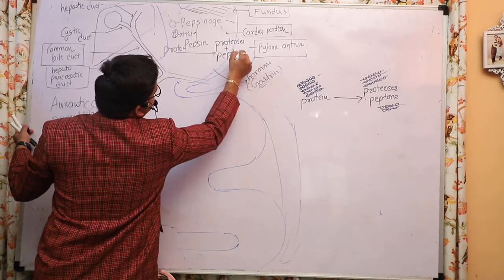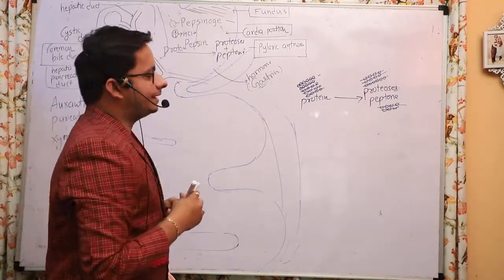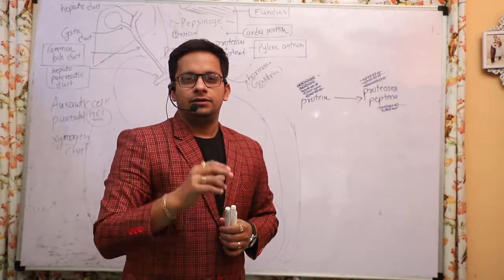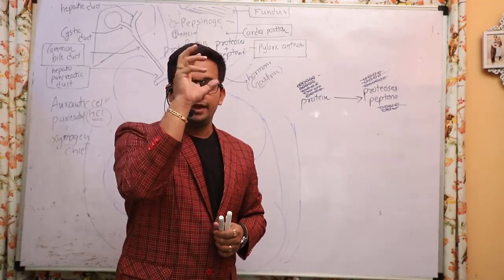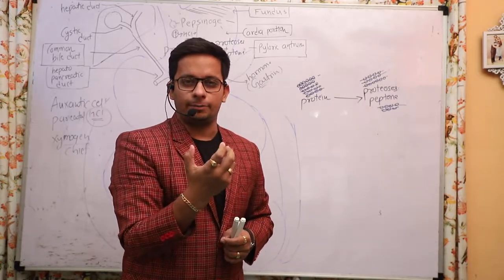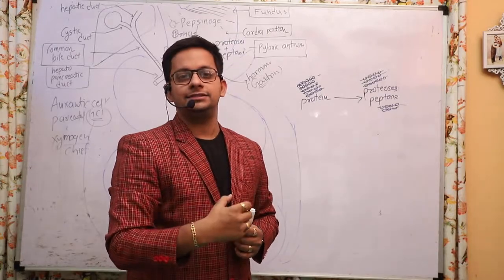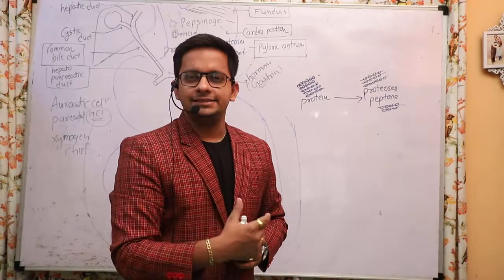Now this is the topic, peptone. What is protein digestion in stomach? First you have to repeat: when the semi-digested fluid food enters the stomach, the pyloric antrum region will secrete the hormone gastrin.